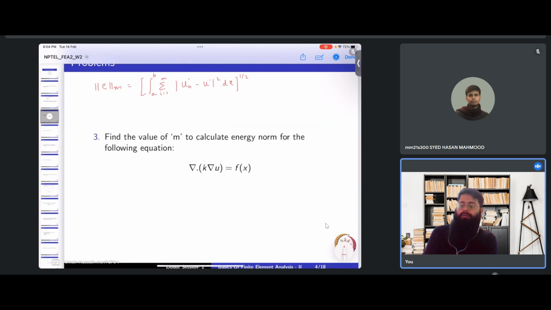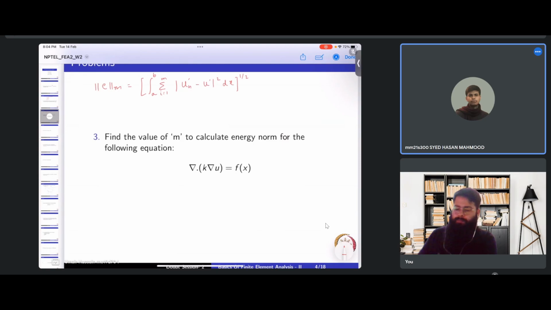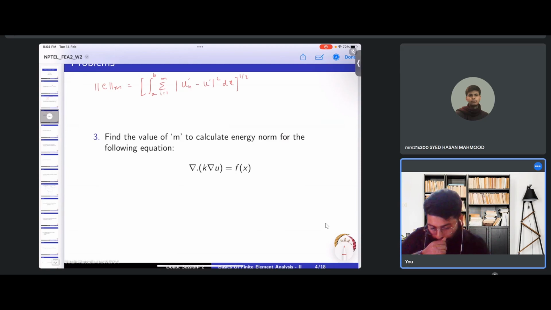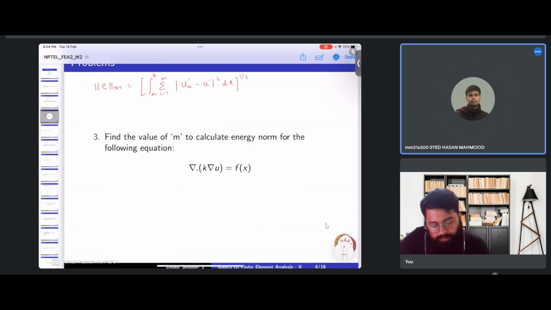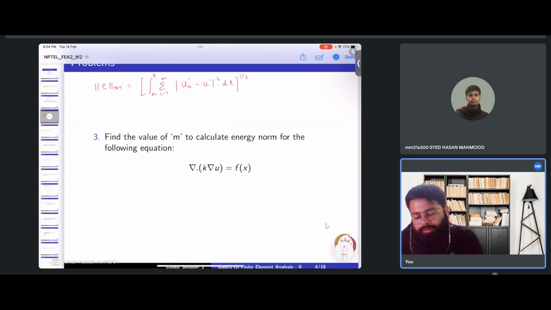First of all, can you tell what m depends upon? Is it the degree of the polynomial? No, no, no. It actually depends on the order of the differential equation.